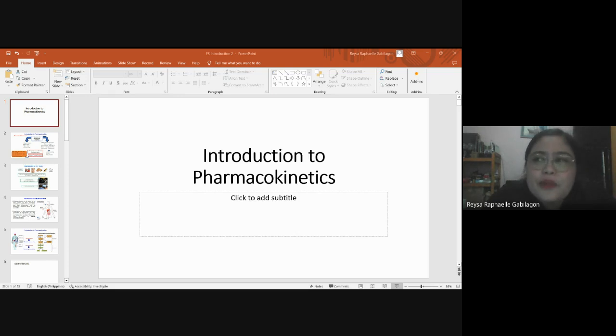Okay, so when we are going to perform a pharmacokinetic study, we have syempre the preclinical trial wherein we do experiments with laboratory animals to check and identify the correct dose of the drug.